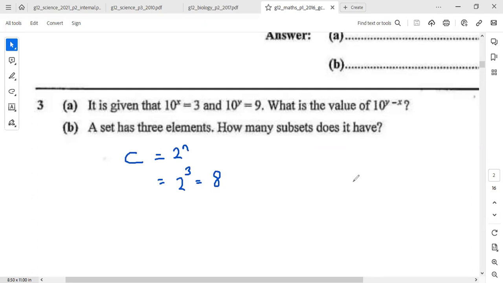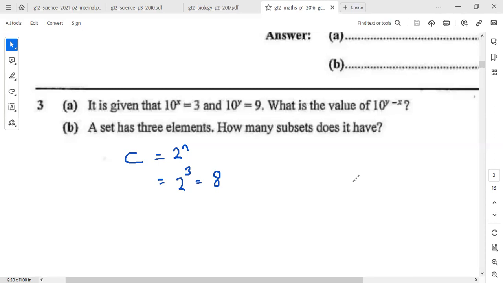So if they say it has 3 proper subsets, you'll be adding 2 more, the empty set and the set that has everything, meaning you have 5.